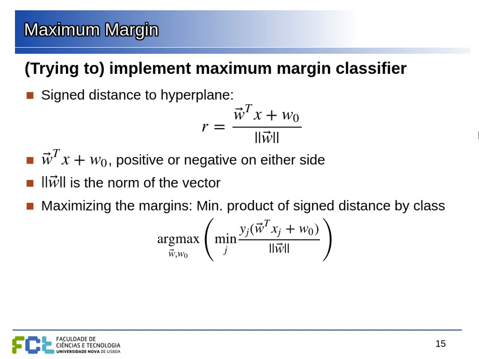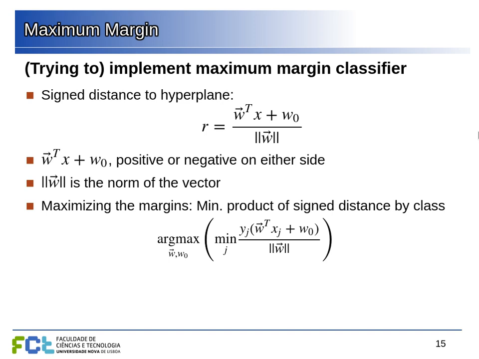So now let's try to implement this, and we're going to do this in a way that doesn't work, but it's useful to understand why we have to do this differently. So let's consider the distance to the hyperplane. This is the dot product between the vector that determines the orientation of the hyperplane and the example.